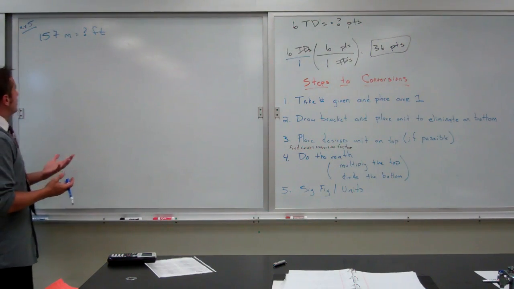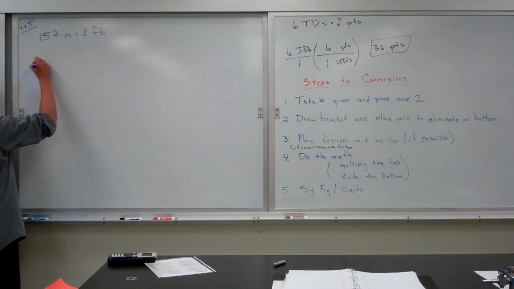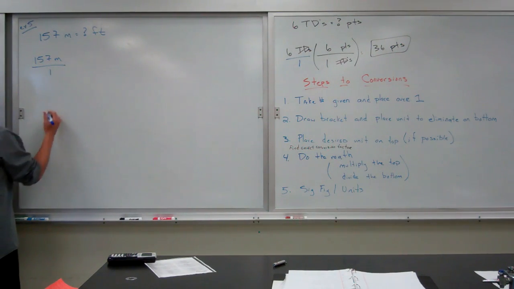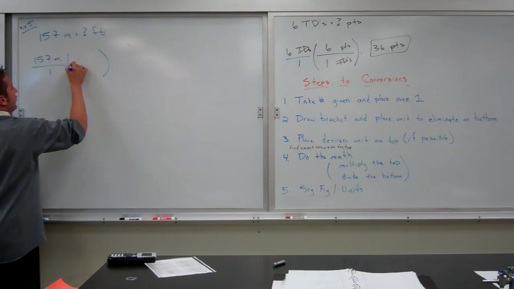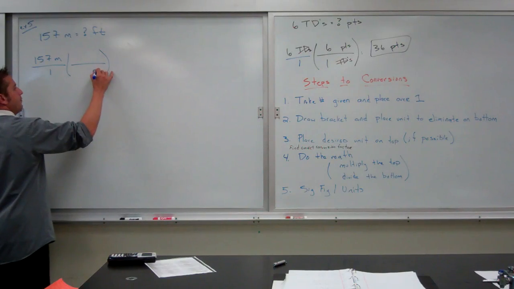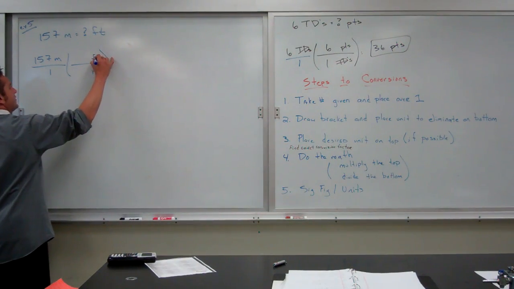So, still trying to use our steps to converting. Take the number given, put it over 1. 157 meters over 1. Draw my brackets. Unit to eliminate on the bottom. Meters goes there. Desired unit on top is feet.